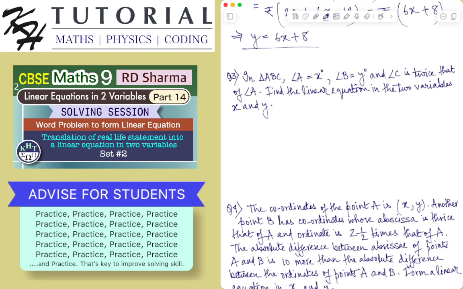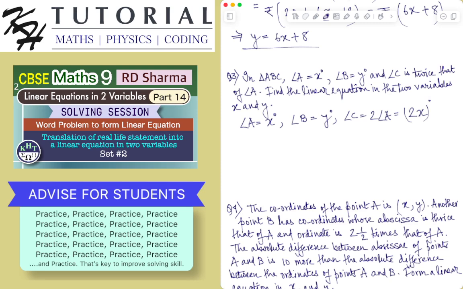And angle C is twice that of angle A. So angle A is given to be x degree, angle B is given to be y degree, and angle C is given to be twice that of angle A, 2 times angle A, which will be 2x degree. Find the linear equation in the two variables x and y.